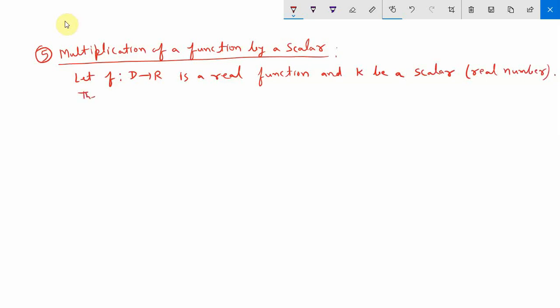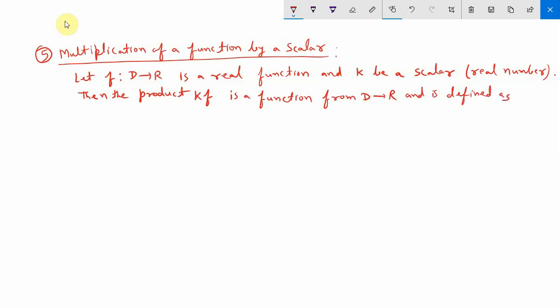Then the product k into f, kf, is a function from D to R, and is defined as (kf)(x) = k into f(x), for all x that is an element of D.